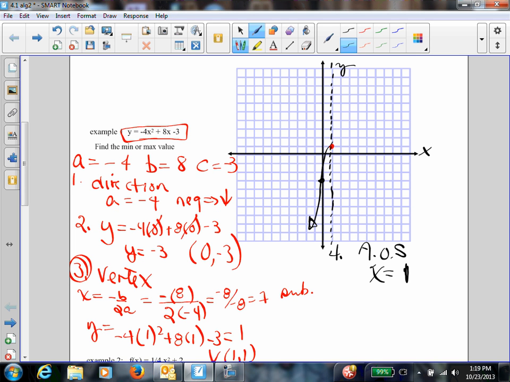So from here, how many units do I go to the right of that axis of symmetry to get the reflected point? That means it goes right here, yes? What is the coordinate of that point? (2, -3).